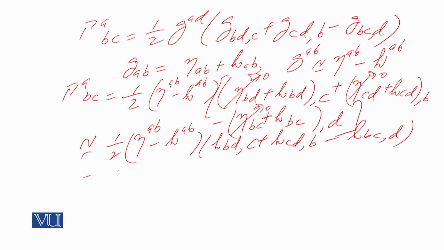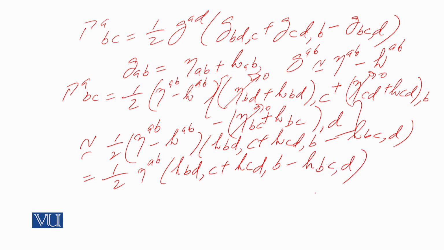Okay, this is okay up to here: 1 by 2 eta^AD (h_BD,C plus h_CD,B minus h_BC,D). However, when we multiply the h term with these terms, it becomes the square power of h. As we know that h is a small quantity, its higher powers can be neglected. So finally we can see that this is the linearized form of the Christoffel symbol.